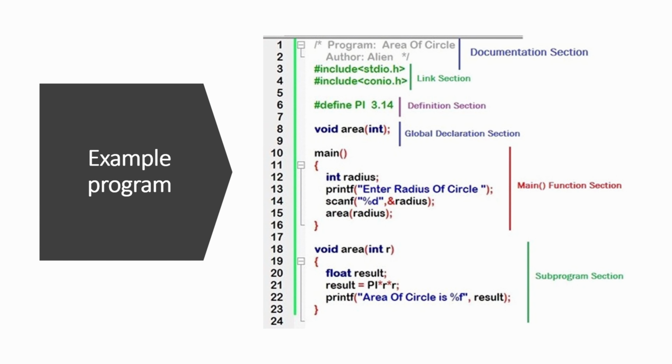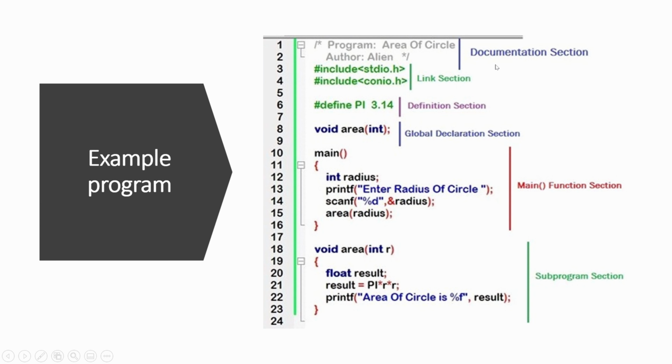So this is an example program. We will calculate the area of a circle. We have written a comment in forward slash asterisk asterisk forward slash, which comes under the first thing that we have learned in the structure of C++, which is the documentation section.